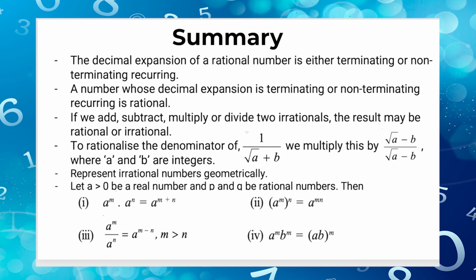Next is to represent irrational numbers geometrically. Then let a greater than 0 be a real number and p and q be rational numbers. Then a^m into a^n gives us a^(m+n). Second, (a^m)^n gives us a^(mn). Thirdly, a^m upon a^n gives us a^(m-n), where m is greater than n.